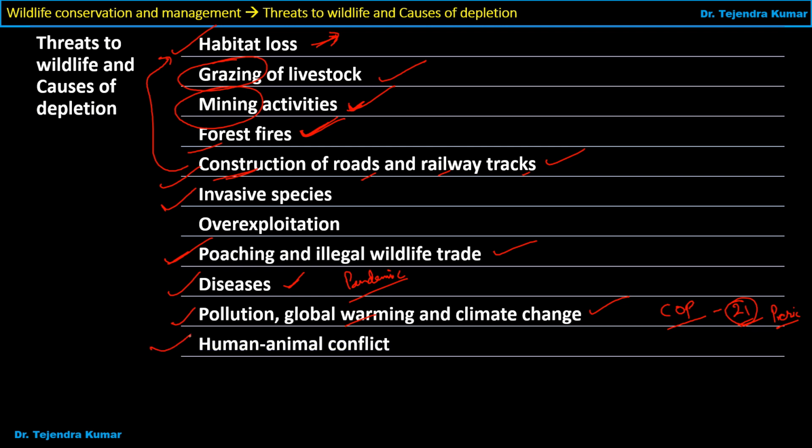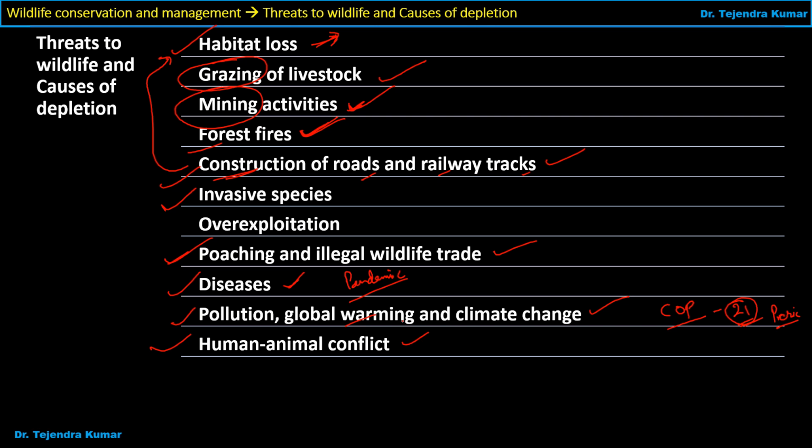Next, human-animal conflict. Human-animal conflict is seen in nearby areas wherever animals and humans are living together. Generally, animals do not encroach on areas of human livelihood or human territory.